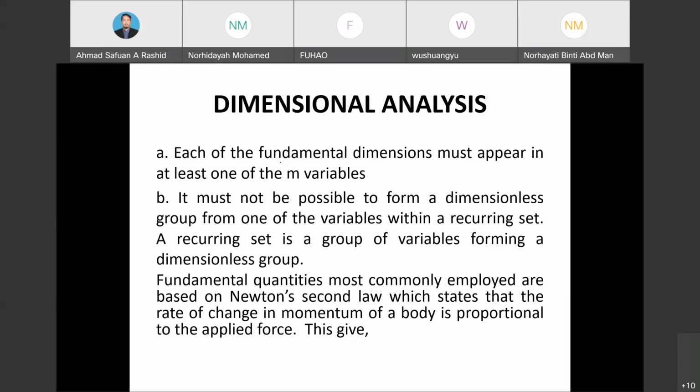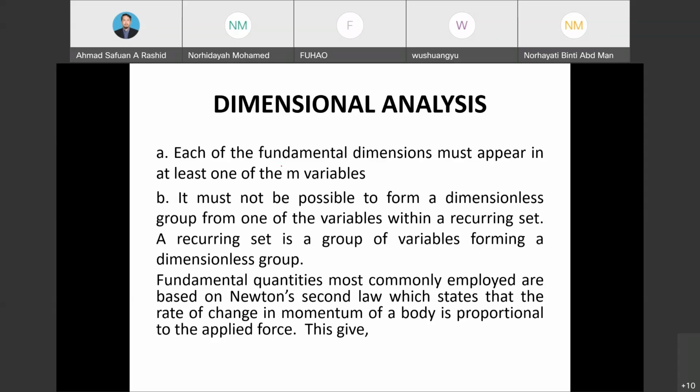It must not be possible to form a dimensionless group from one of the variables within a recurring set, which means it's not allowed to repeat. But if we cannot solve the task, then it is allowed to use it.